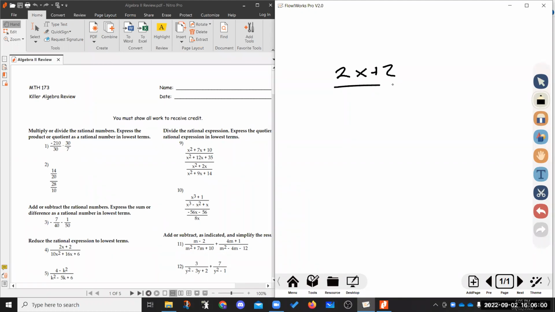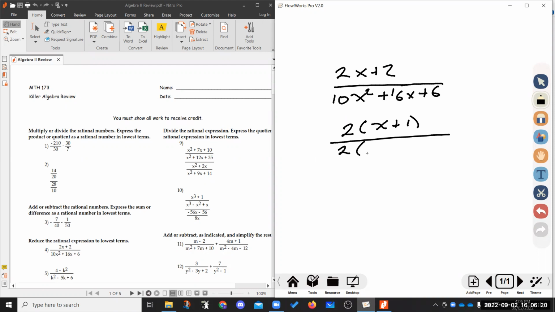2x plus 2 over 10x squared plus 16x plus 6. We're going to reduce by factoring. So first thing I'm going to see is that there's a common factor of 2 there. There's a common factor of 2 here. It's going to cancel.